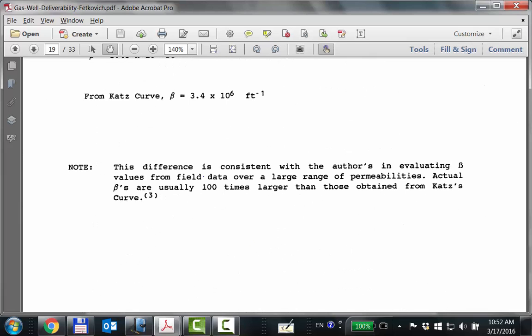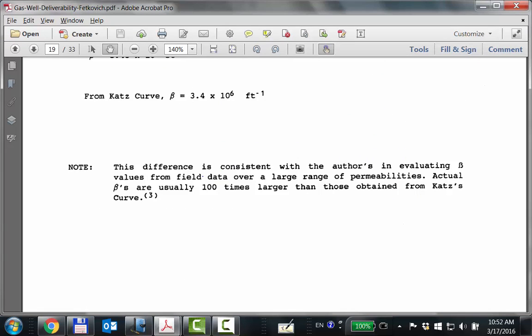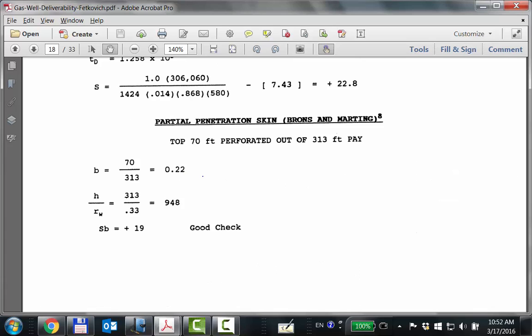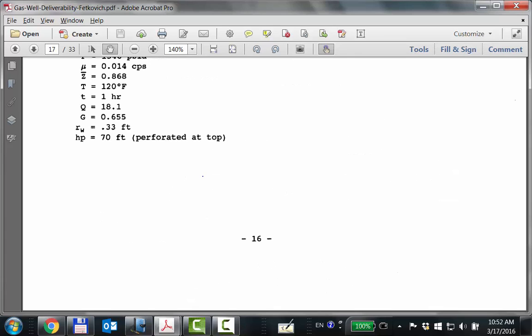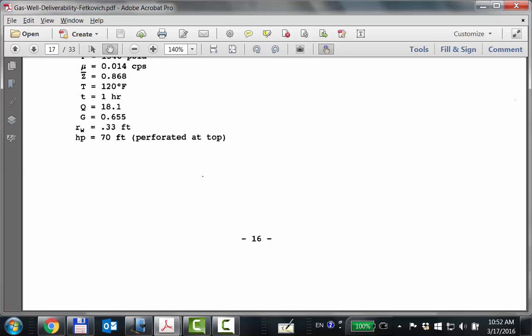Yeah, unfortunately, I'm not sure what he's got in his, I thought it was, yeah, see, it's 1,000 standard cubic feet per day.